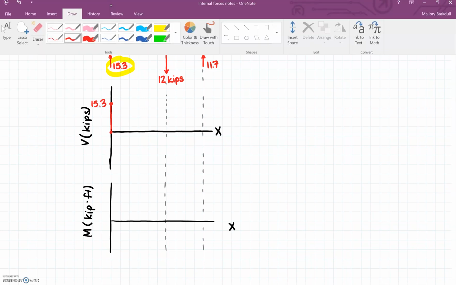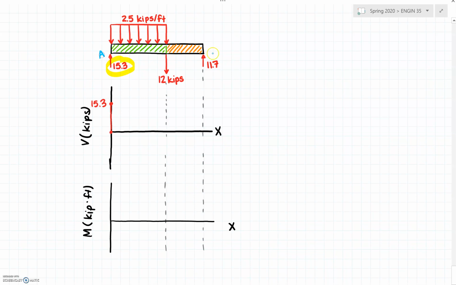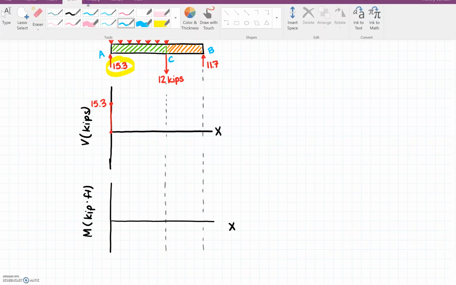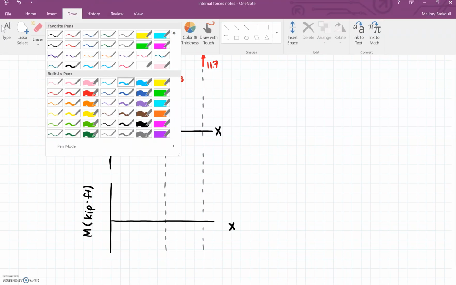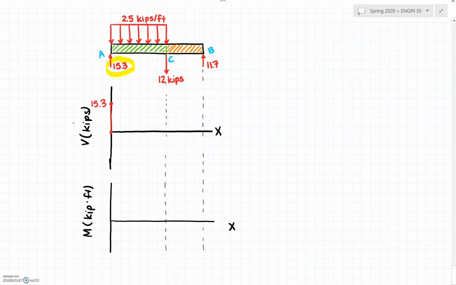So my shear diagram is going to start at x equals 0 with a positive jump of 15.3. Now, we should label these, so this is A, B, and C. Between points A and C, there is a distributed load, so I need to use that equation where the shear at C minus the shear at A is equal to minus the area under the load curve.